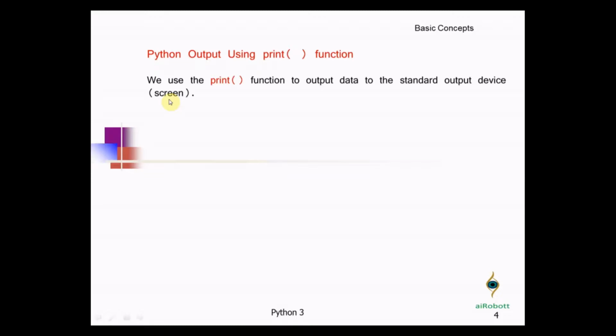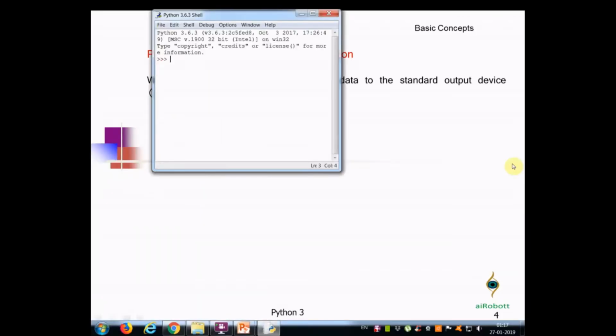We can also output data to a file, but this will be discussed later. Let us see an example here. Let us take print, "This sentence is output to the screen."